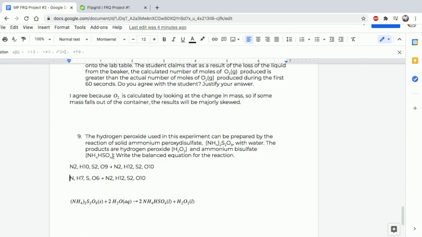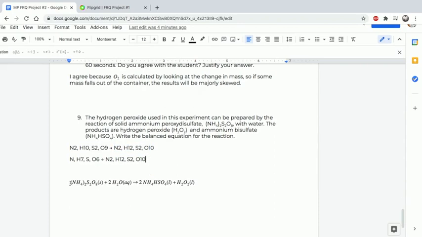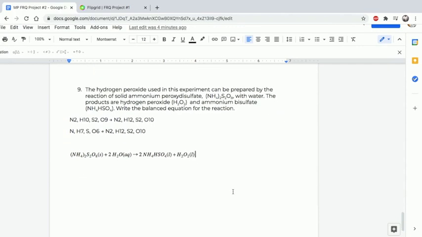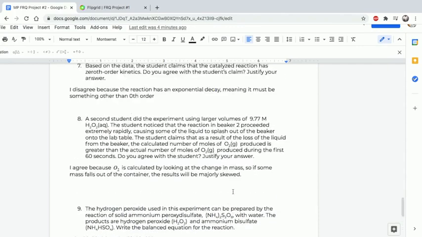So first I doubled this to get N2H12S2O10. After that, I noticed that I only needed 2 hydrogen and 1 oxygen, so I just added another water to this, and they balanced out. So the final equation was this. And that is FRQ number 25.